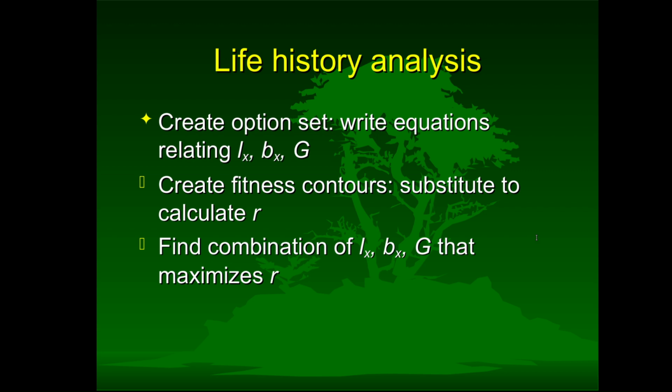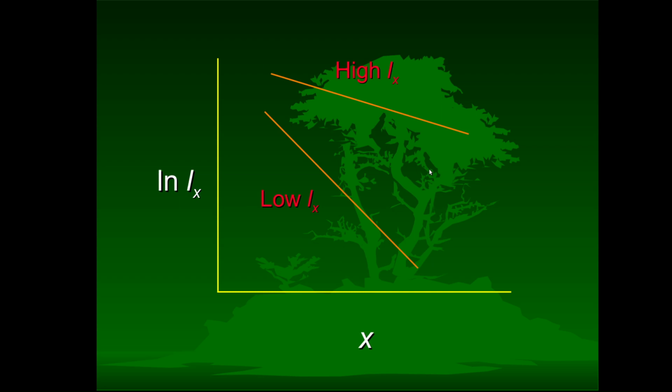So we can express the cost of reproduction in terms of the survivorship curves. So here are the survivorship curves. You have age on the x-axis and the log of survivorship on the y-axis. So as age increases, the survivorship might go down and it might be low to begin with. And as the age increases, survivorship might go down, but it might be higher to begin with.